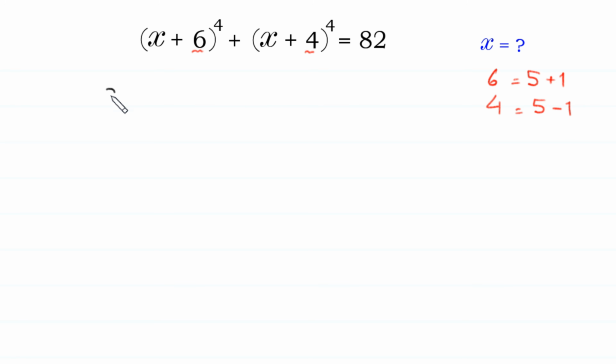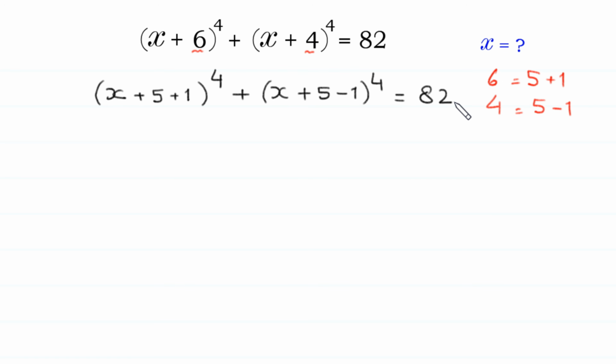Like this: (x + (5 + 1))^4 plus (x + (5 - 1))^4 is equal to 82.